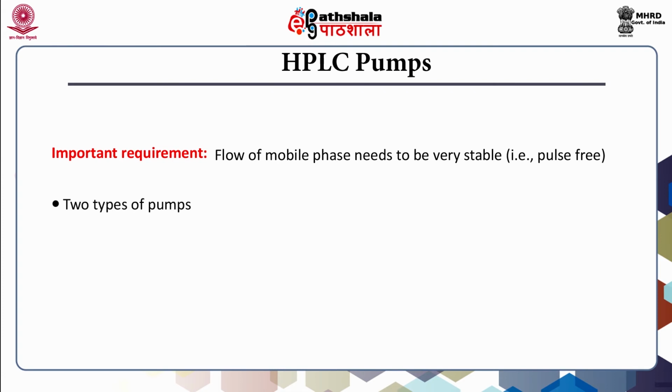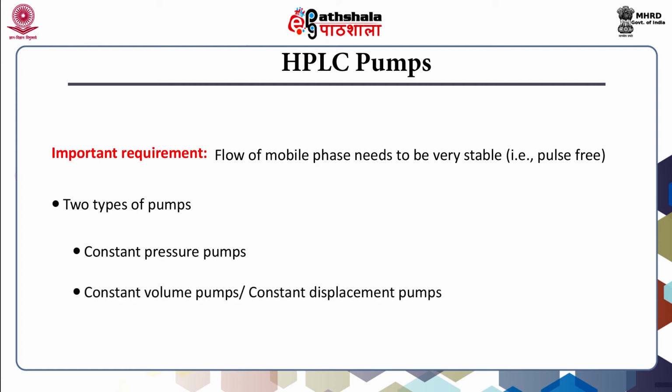There are two types of pumps: the constant pressure pumps or the constant volume pumps, which we can also call constant displacement pumps. What are these constant pressure pumps and constant volume pumps? We will discuss in the next slide.